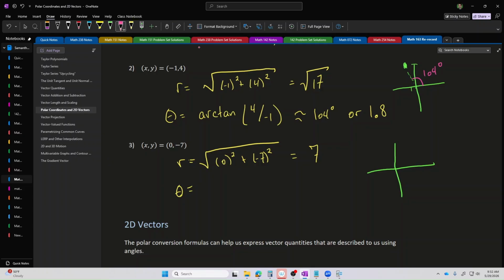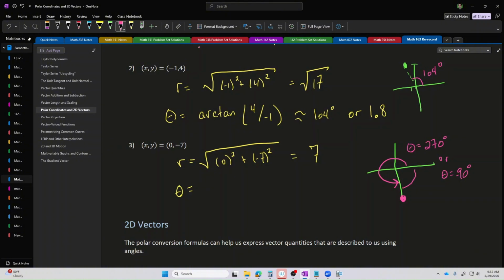The point I'm working with in this problem has a y-coordinate of -7, so it's positioned down here on the negative y-axis. As a result, the angle needed to reach this location can, for example, be taken as 270 degrees. Or, if you prefer, you could do theta equals -90 degrees.